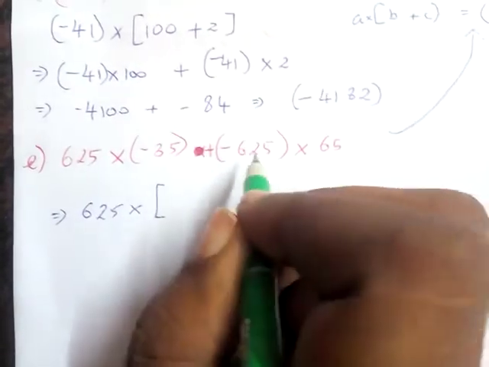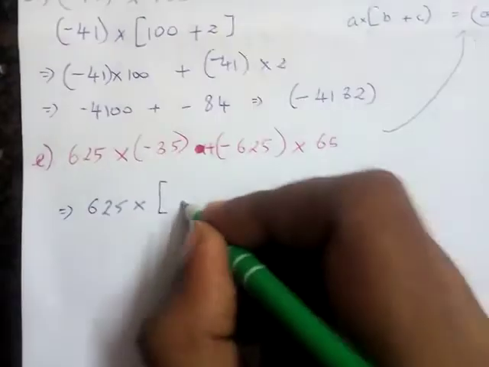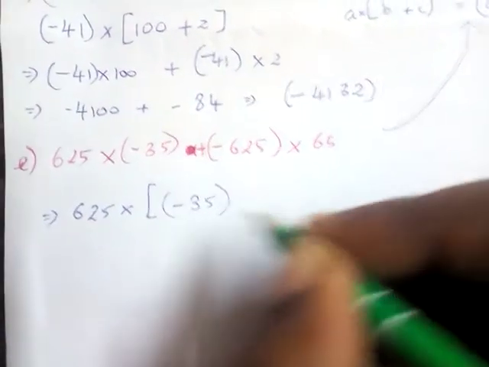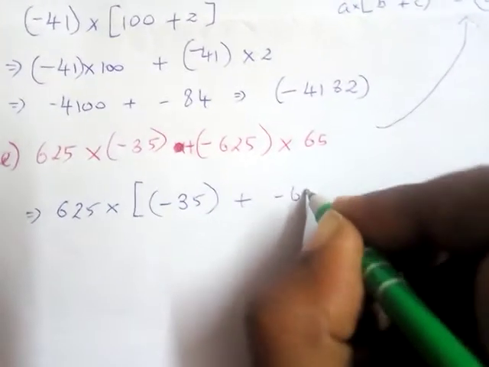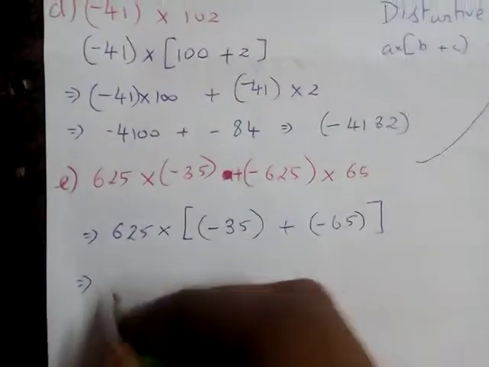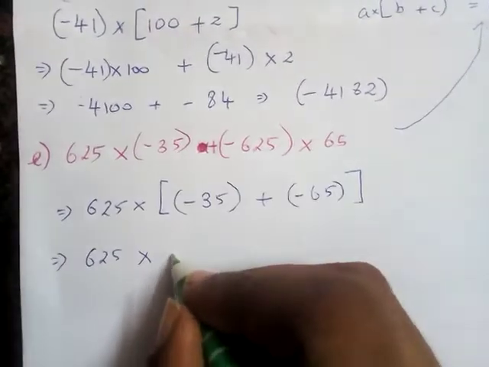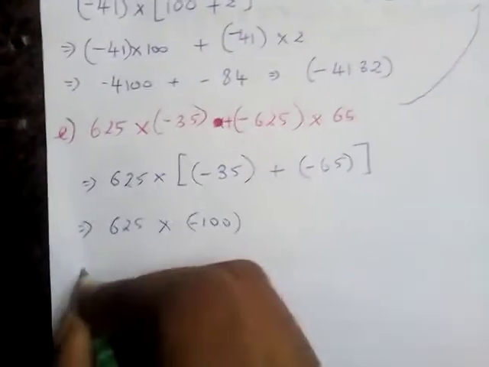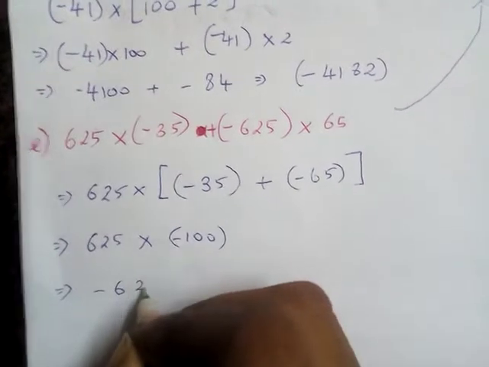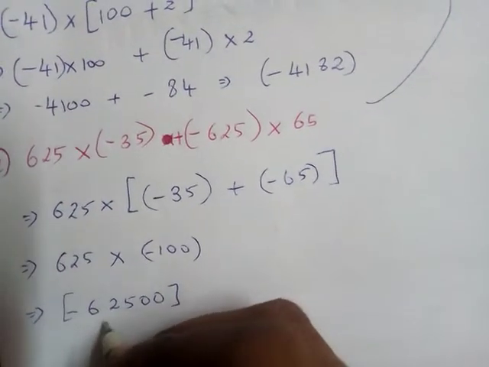So if you take 625 as a common integer out, it will give you minus 35 plus minus 65, wherein you'll get the sum to be minus 100. So the final product is minus 62,500.